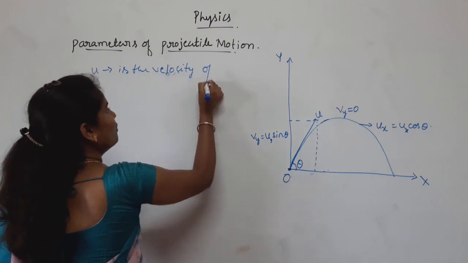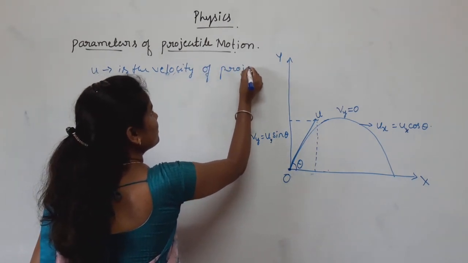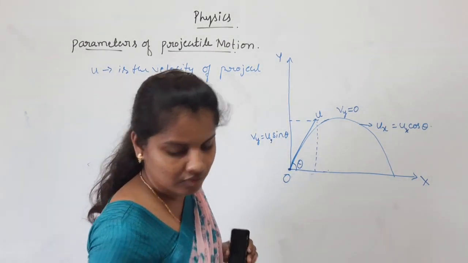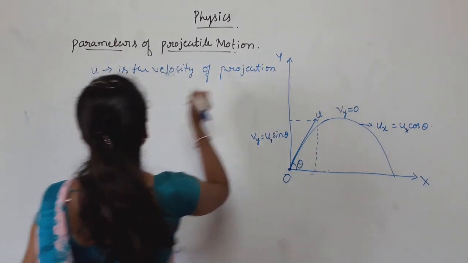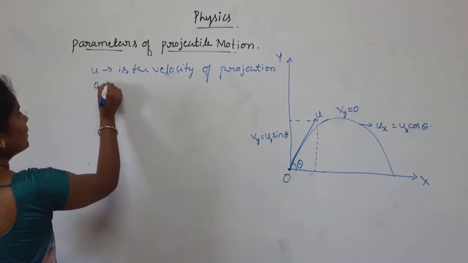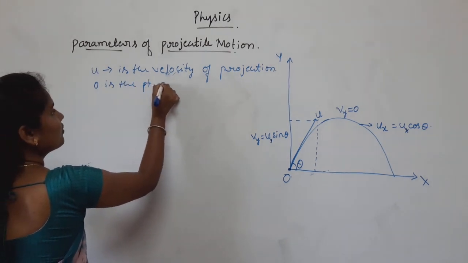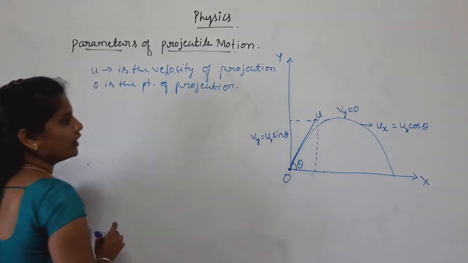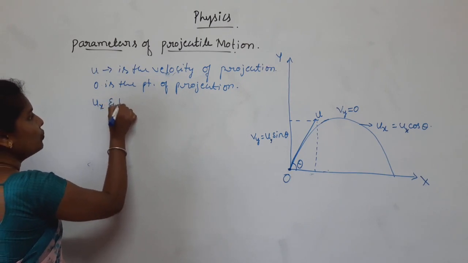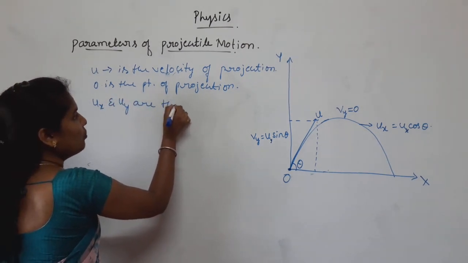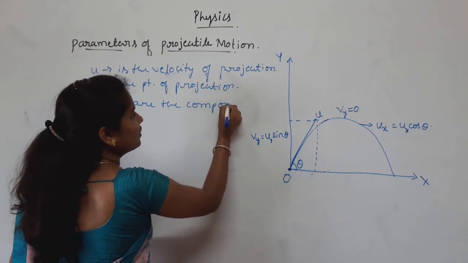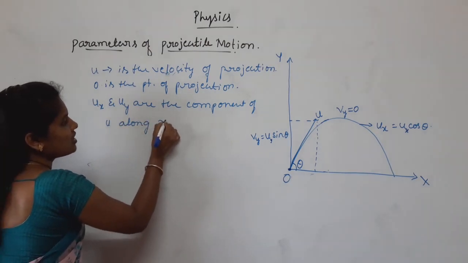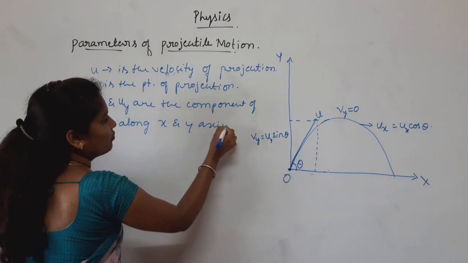Velocity of projection, point of projection, and Ux and Uy are the components of U along the x and y axes respectively.